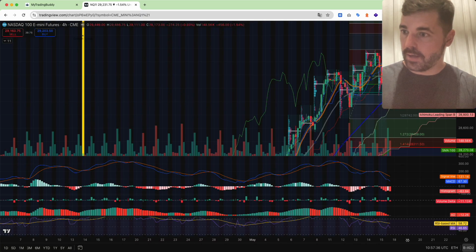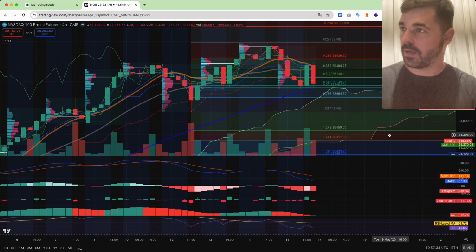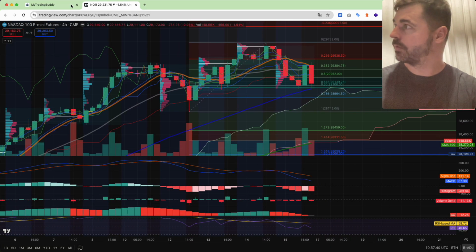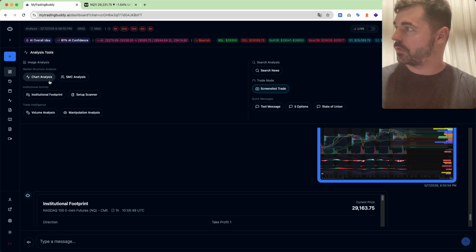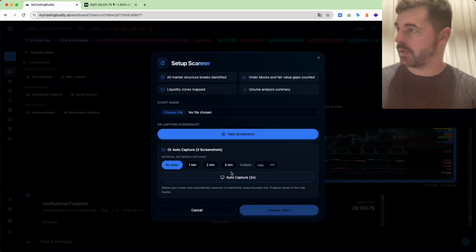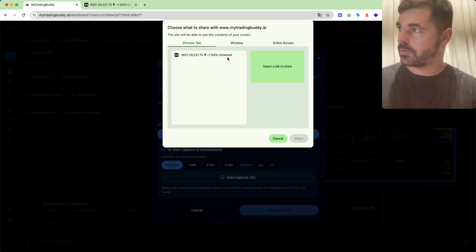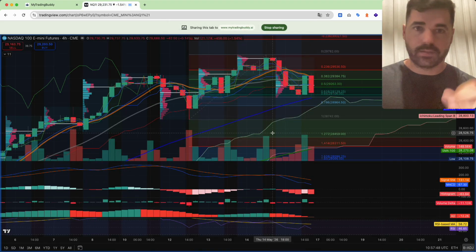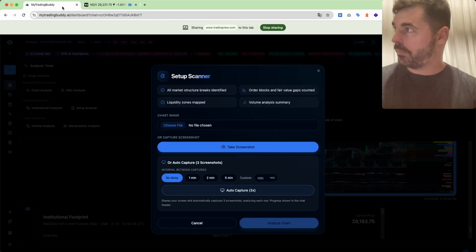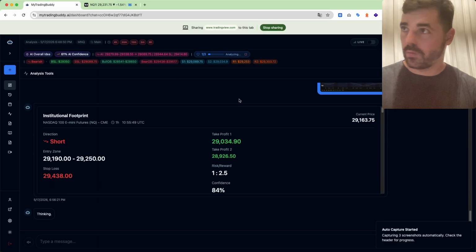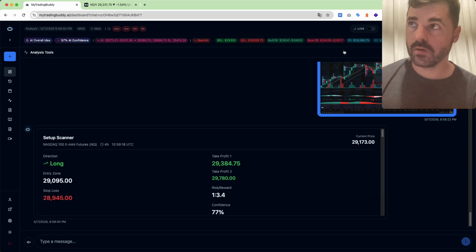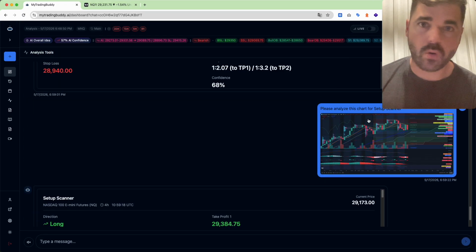Okay, now I'll do the same thing. Let's do auto capture. And we'll go to setup scanner, auto capture, and I'll let this run 3 times, and then I'll update you on what the results are when they come back. Okay, so the 3 just came back for a setup scanner on the 4 hour.